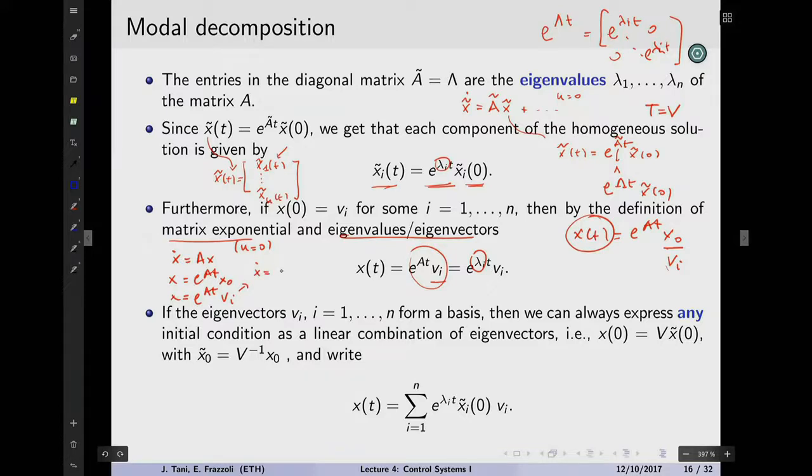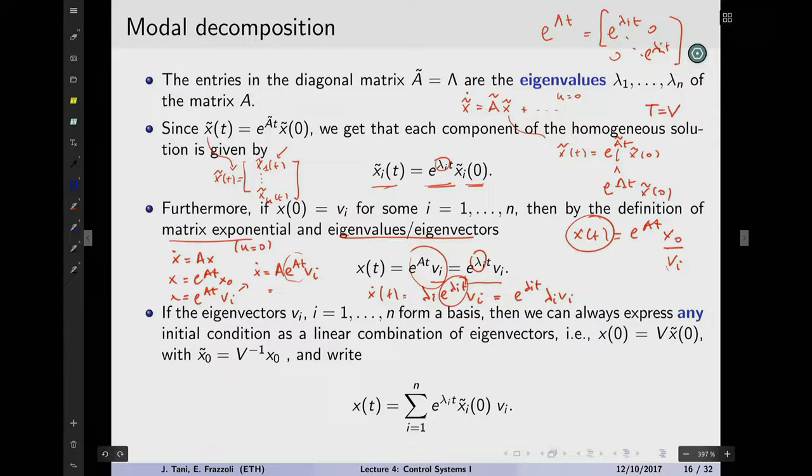Well, then ẋ, the derivative of the left side, is A e^(At) times vᵢ. Here we used the definition of matrix exponential. If we take the derivative of the right side, it's ẋ equal to λᵢ e^(λᵢt) vᵢ, and this is equal to e^(λᵢt) λᵢ vᵢ, just switching these two because these are scalars, so you can do whatever you want with them.